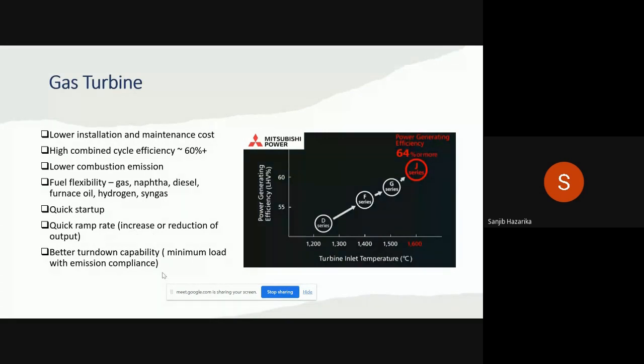And the last one is the turndown capability. It means if we have a gas turbine of around 100 megawatt, we can run at maybe around 30 megawatt as well. And at 30 megawatt, we can run continuously, and it will not violate any emission requirement of that particular area or locality. So there is quite a flexibility in the gas turbine compared to some other power plants as well.